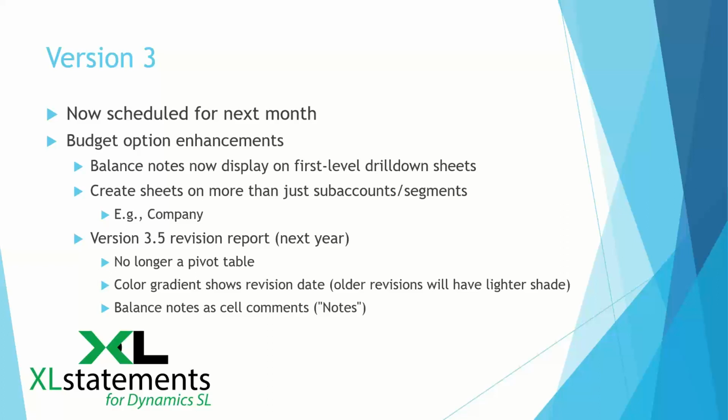One is that if you put notes on a budget balance and then update the budget, in version 3, if you're drilling down from a budget number on your report, that first level drill down, that I call mask expansion, where it'll give you all of the account, sub-account subtotals, that will now have Excel comments on the balance number for the note that you put in with that budget balance. So that's pretty neat.